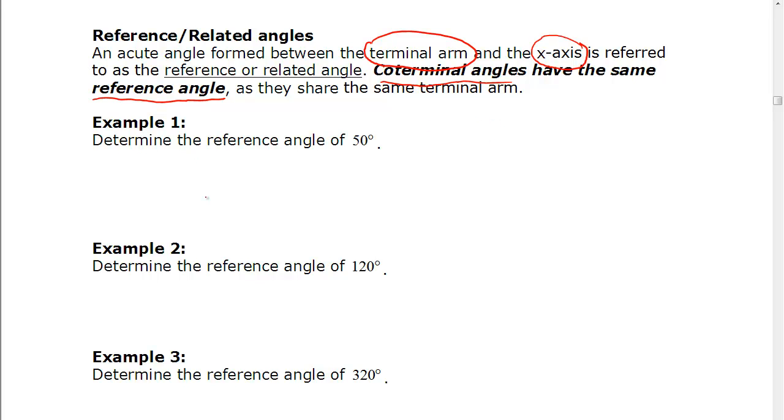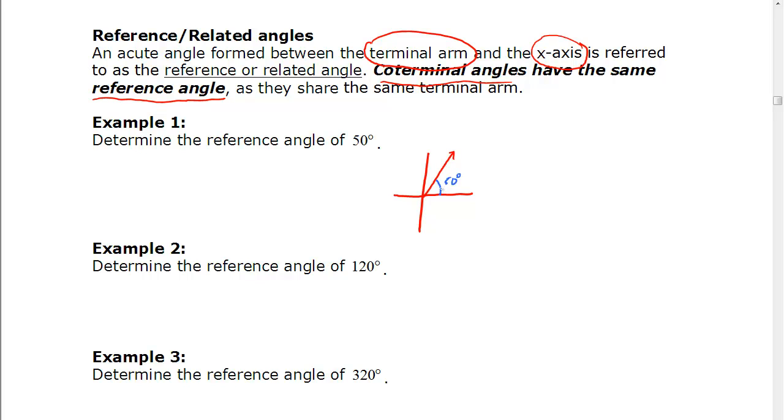For these examples then, we want to find the reference angle. So reference angle is the angle between the terminal arm and the x-axis. So if we sketch these diagrams, we have a 50-degree angle, so 50 degrees is in quadrant 1. So there's the angle, 50 degrees.